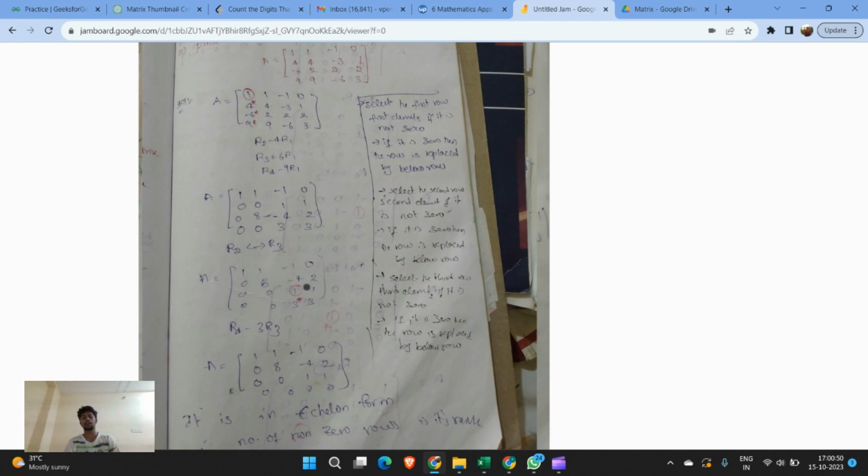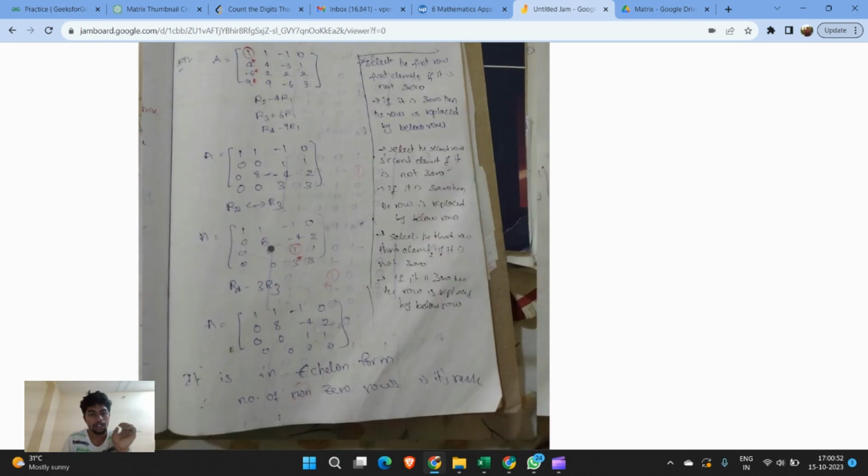Because you have to maintain the echelon form. Then this first row is in echelon form, and you have these two. Using this element, you convert this element to 0, and then the entire matrix becomes echelon form.